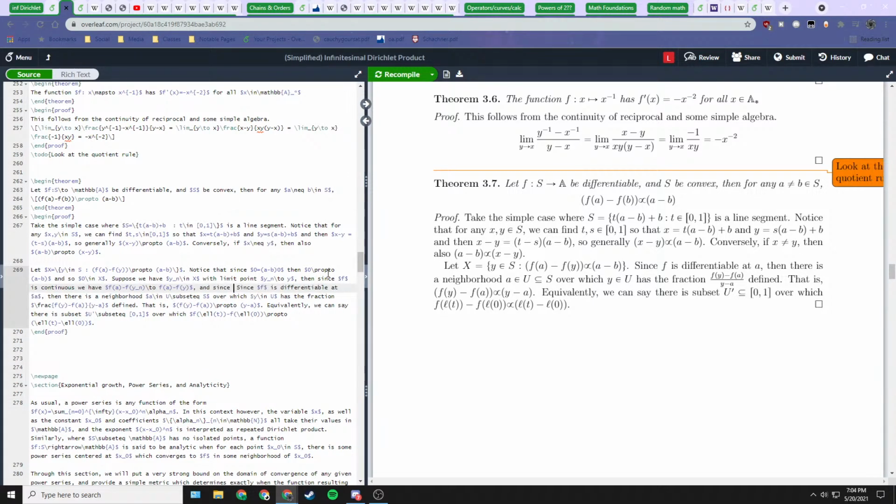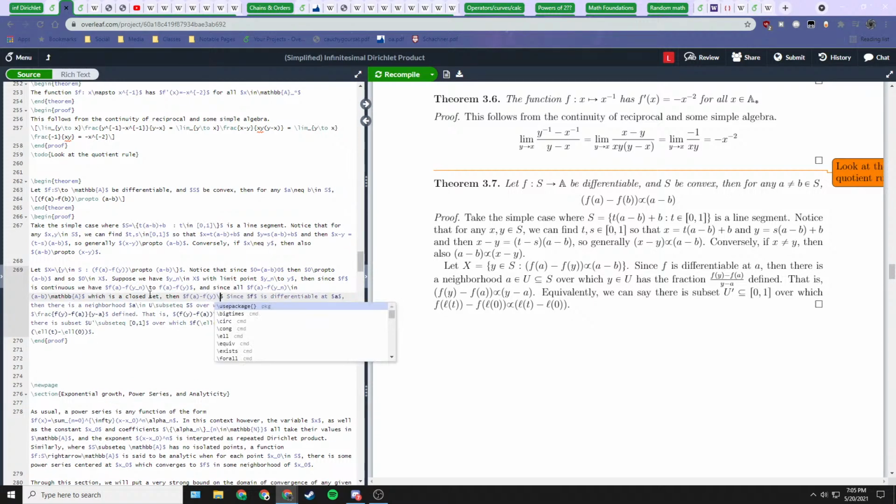Since all f of a minus f of y sub n are in this set, a minus b times R, which is a closed set, this is proportional to a minus b as well.